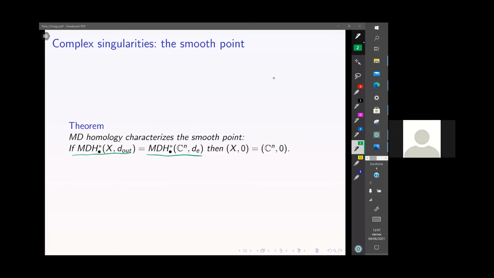So you have a surface in C^3 given by an equation. I guess that there is an estimate of the rank of the homology group, this moderate discontinuous homology group, in terms of the degree of the equation.